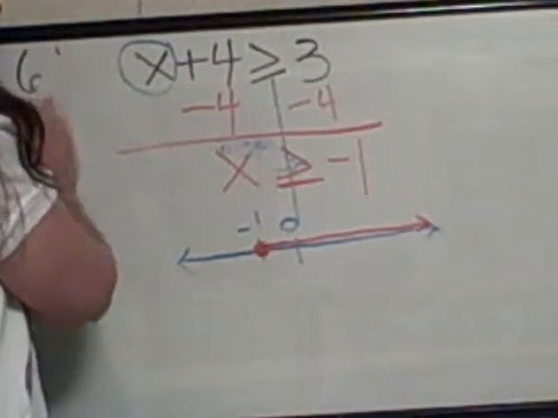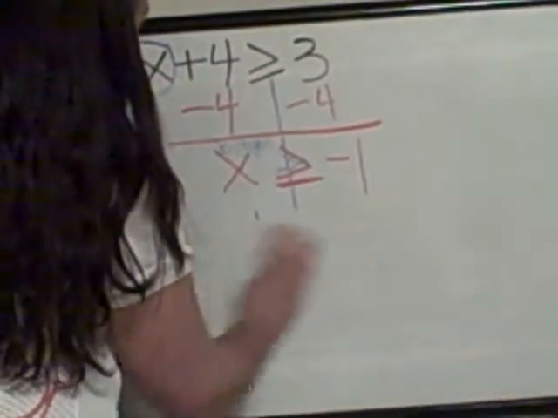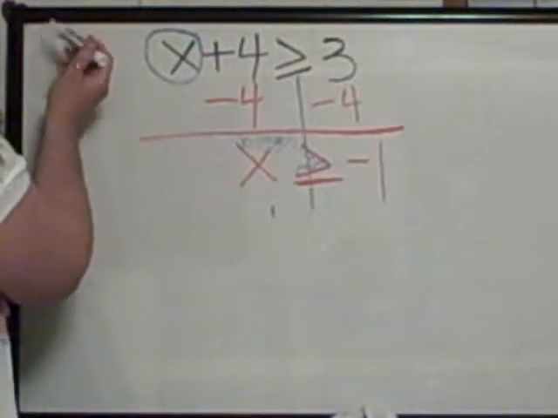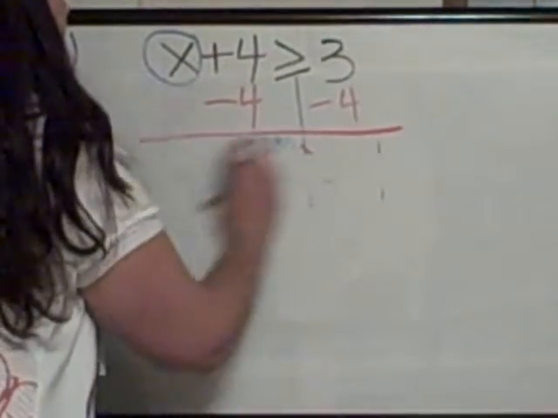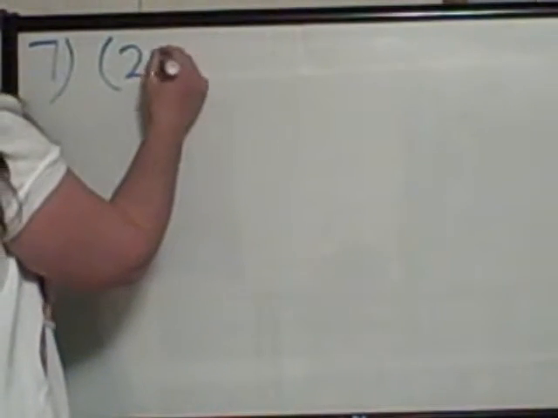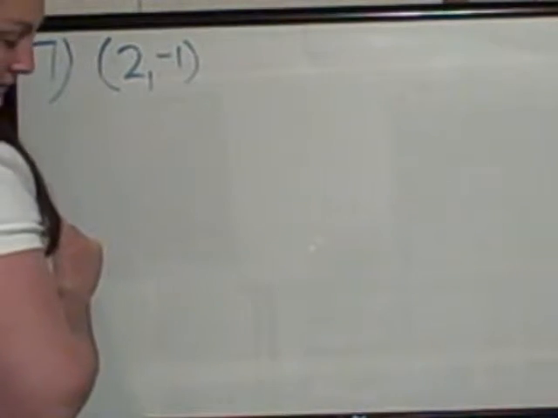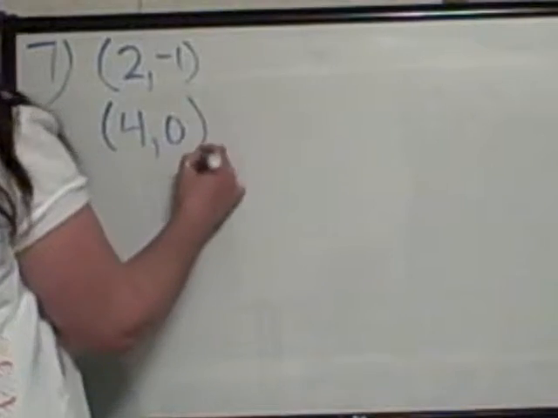Let's look at number 7. Number 7 says to graph the points (2, negative 1) and (4, 0).